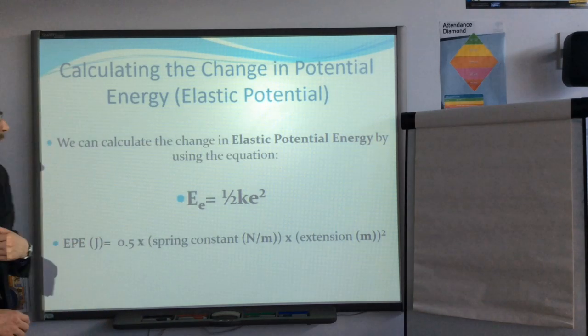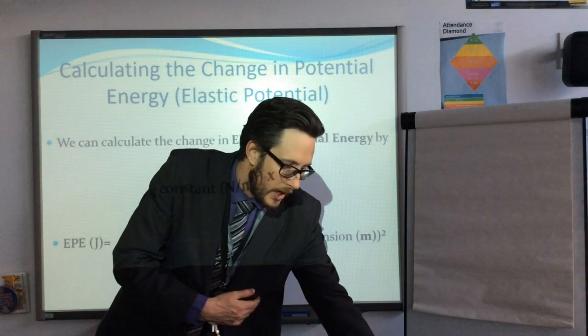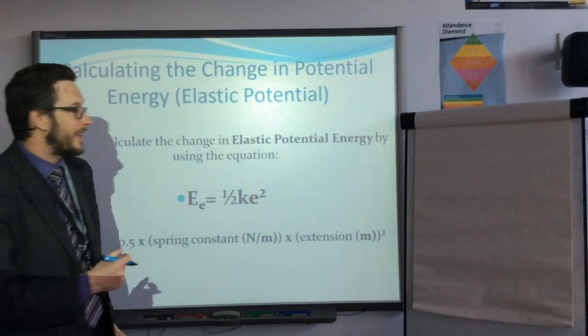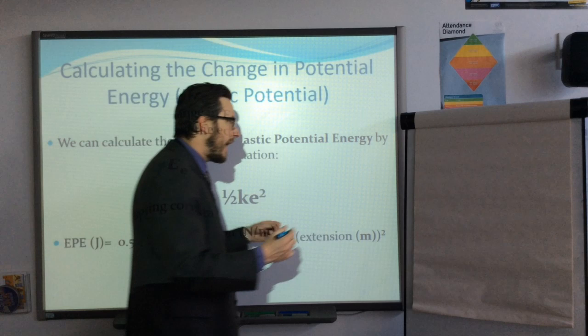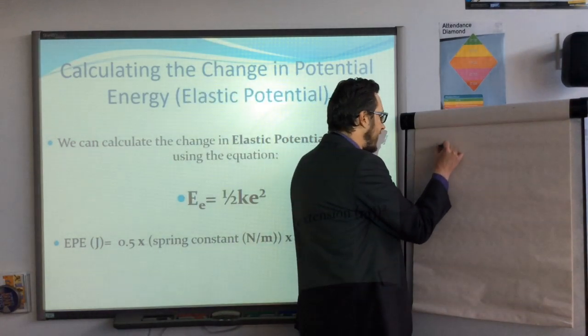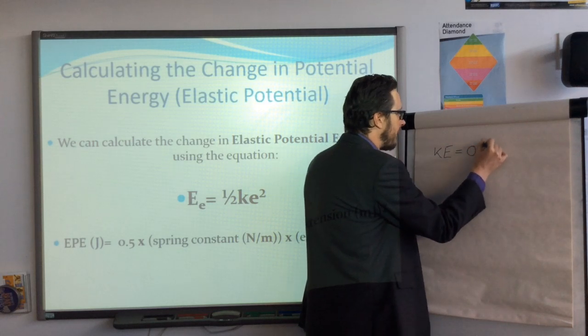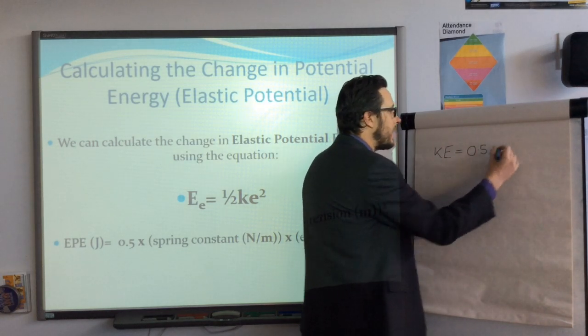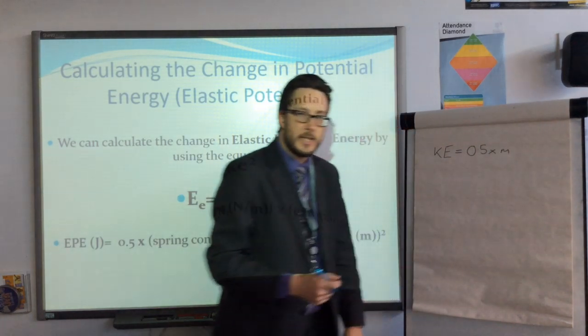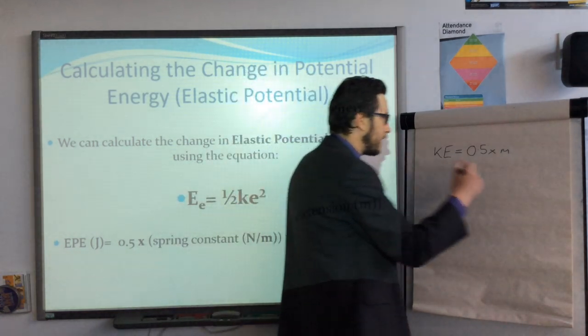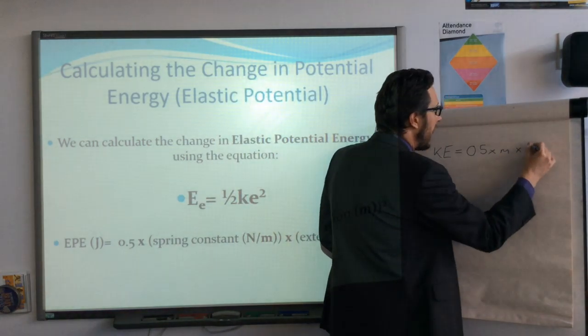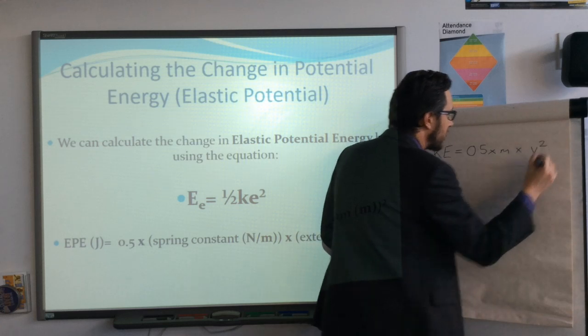Another little tip with this equation though is if you can't remember the equation for kinetic energy, you can use this equation, because kinetic energy is equal to a half, or 0.5, multiplied by the mass of the object that you're trying to work out the kinetic energy for, times the velocity squared.